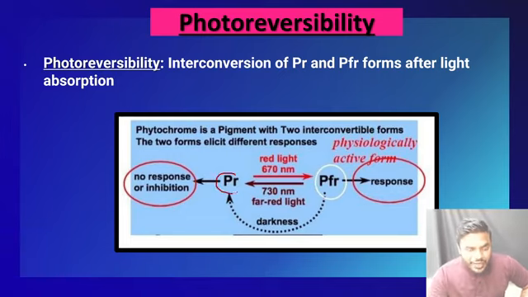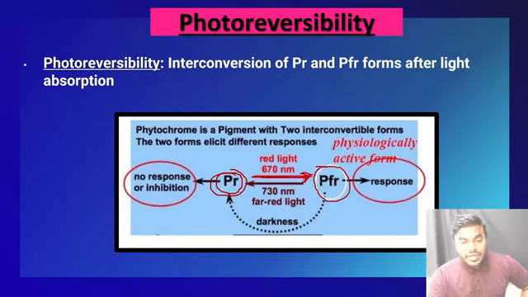This is the phytochrome in the PR form. Upon absorbing the red light at 670 nanometer, it is converted into the PFR form. Very simple point. In the same way, all the students look into this.